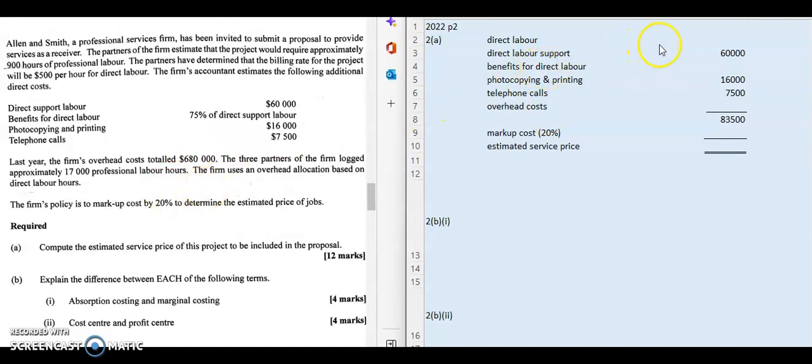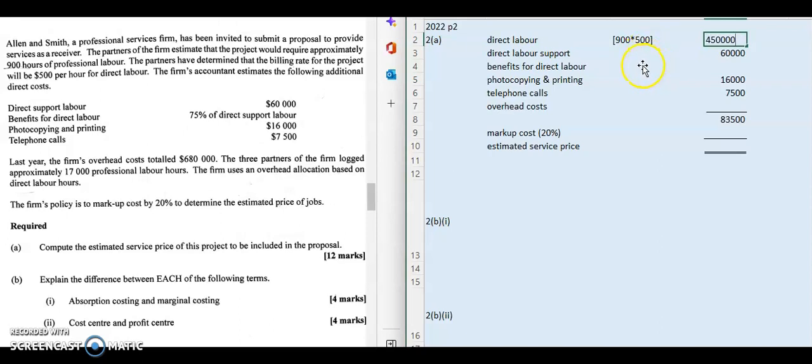So let's first calculate the direct labor. The direct labor will be 900 hours times $500 per hour. You multiply that out, and we will get 450,000.